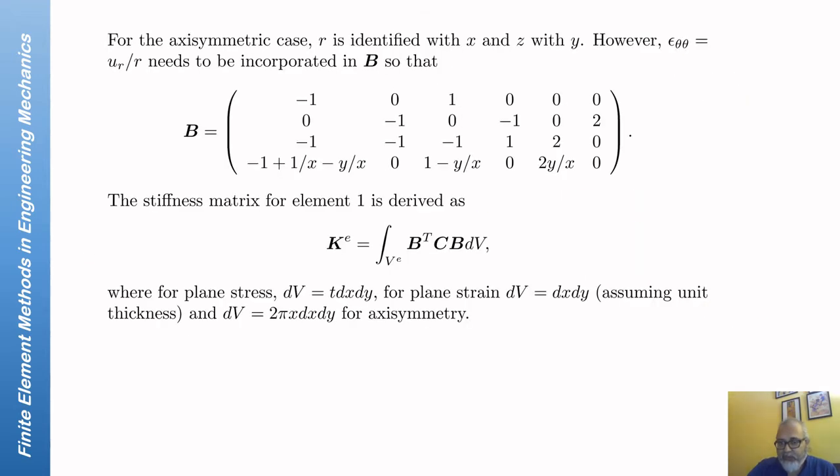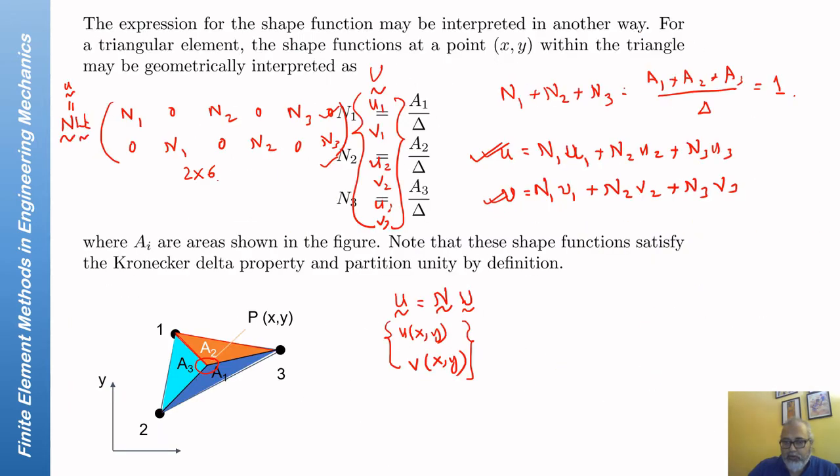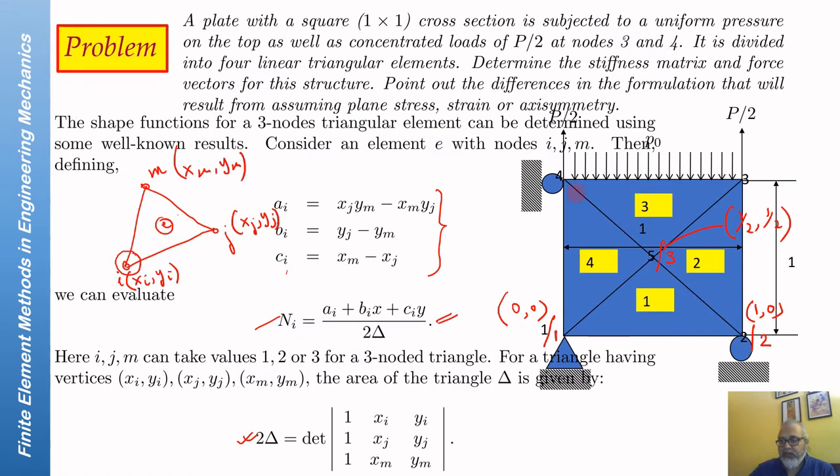For an axisymmetric problem, we will interpret this x-axis as the r-axis and the y-axis as the z-axis. So this is the RZ plane of an axisymmetric body, which can be rotated about its z-axis to get its solid of revolution.